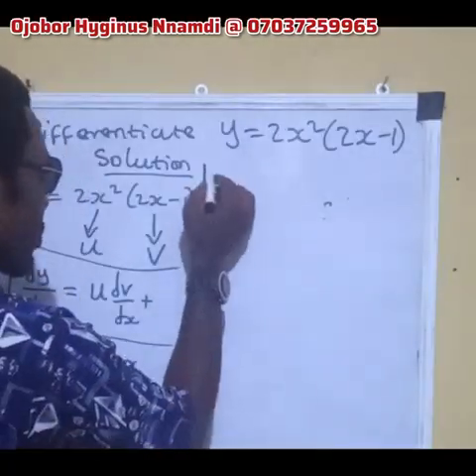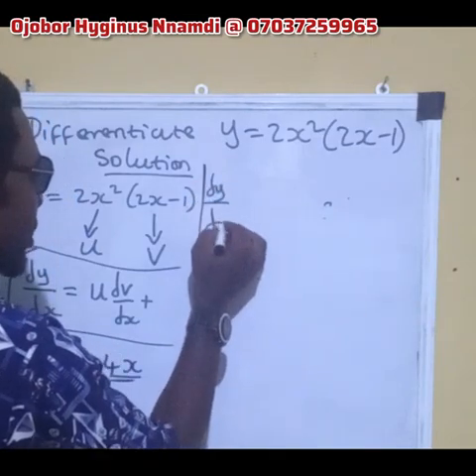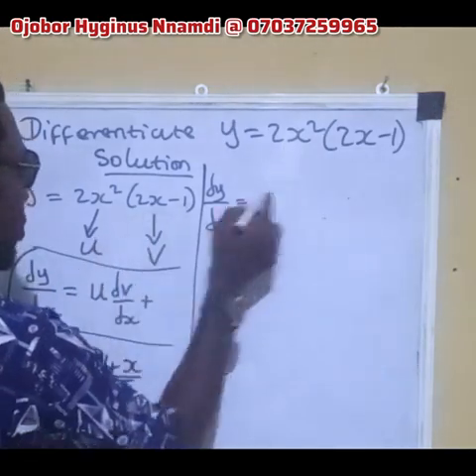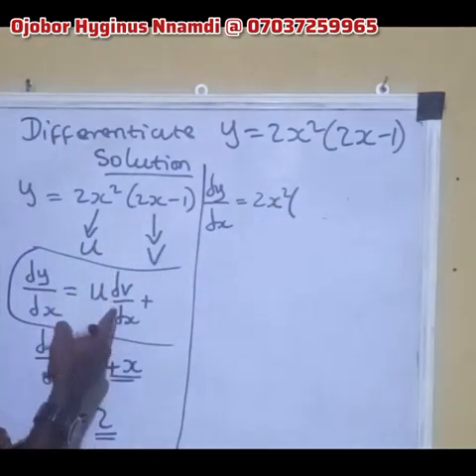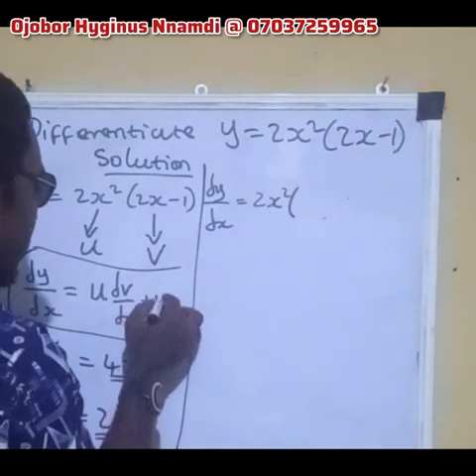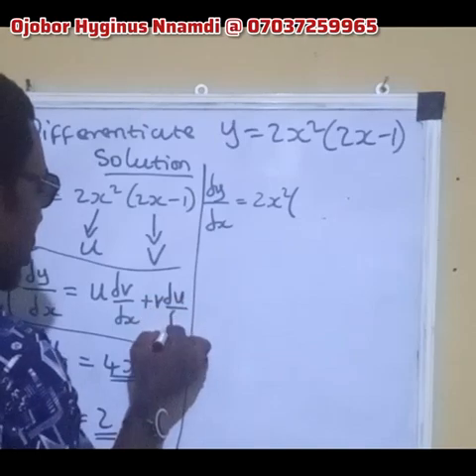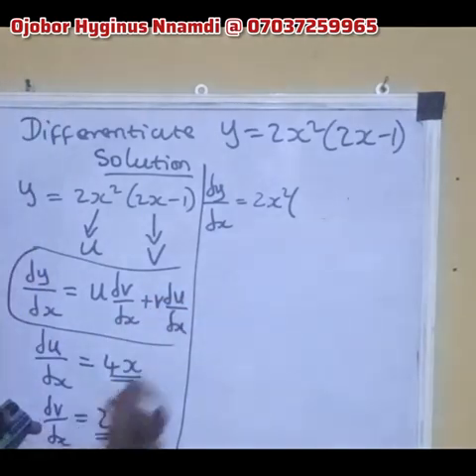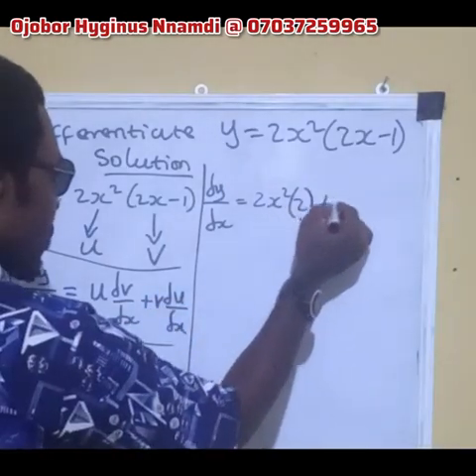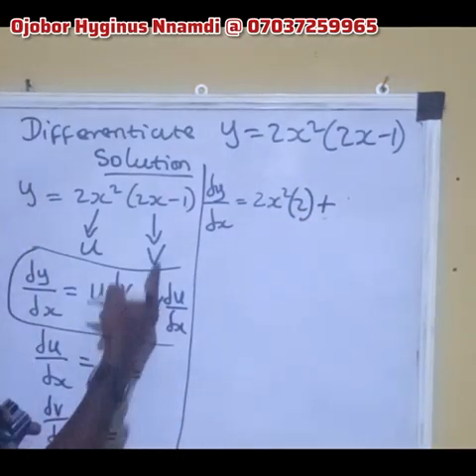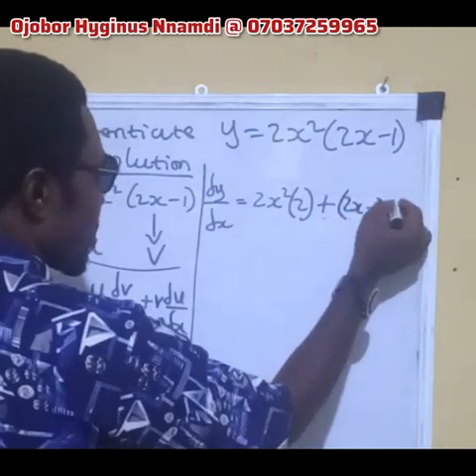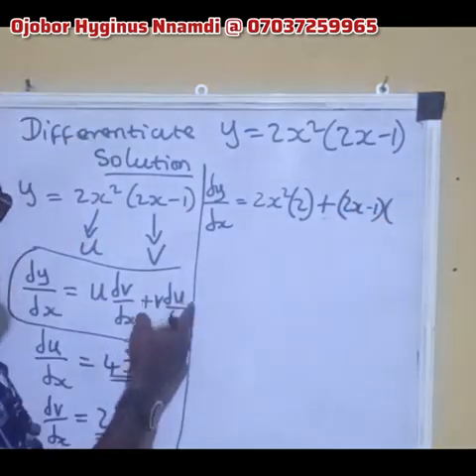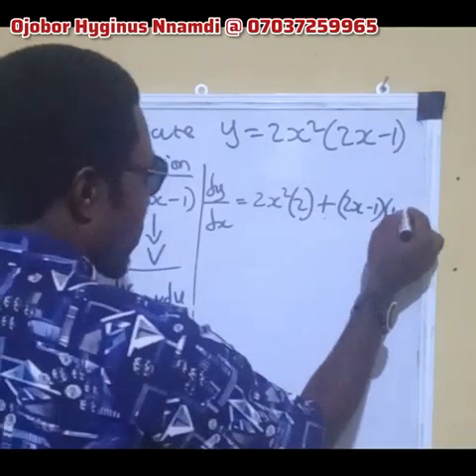Okay, we have dy over dx is equal to u, which is 2x squared, times dv over dx, and dv over dx is 2, times 2, plus v, which is 2x minus 1, times du over dx, which is 4x.